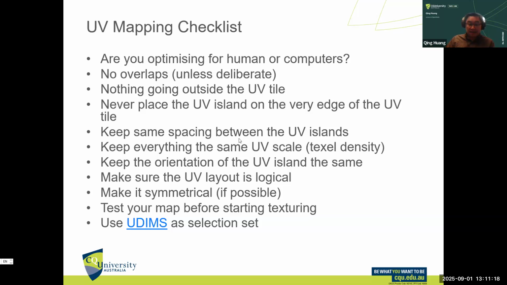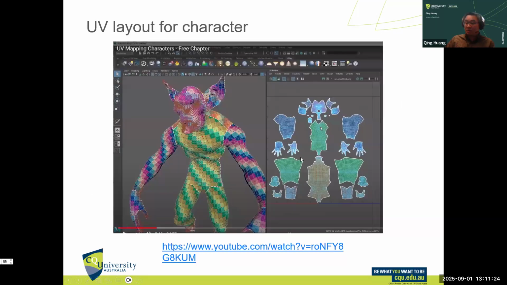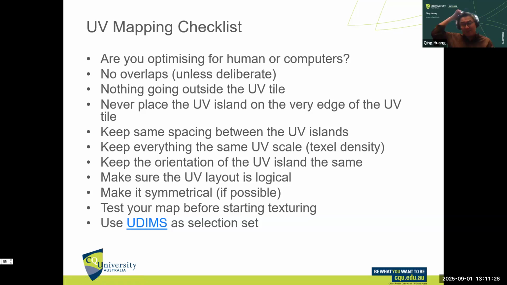All right. So keep it and make it symmetrical if possible. In this case, it's totally symmetrical. But it's sometimes hard to maintain that, so just do it as much as possible, and always test your map before starting texturing.